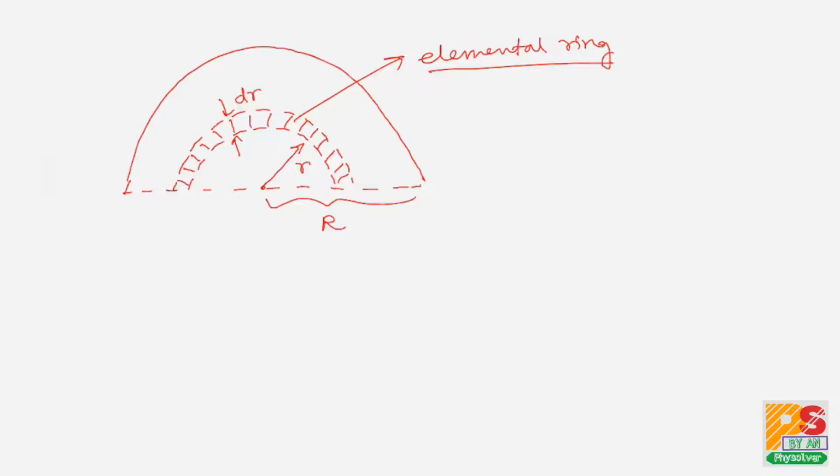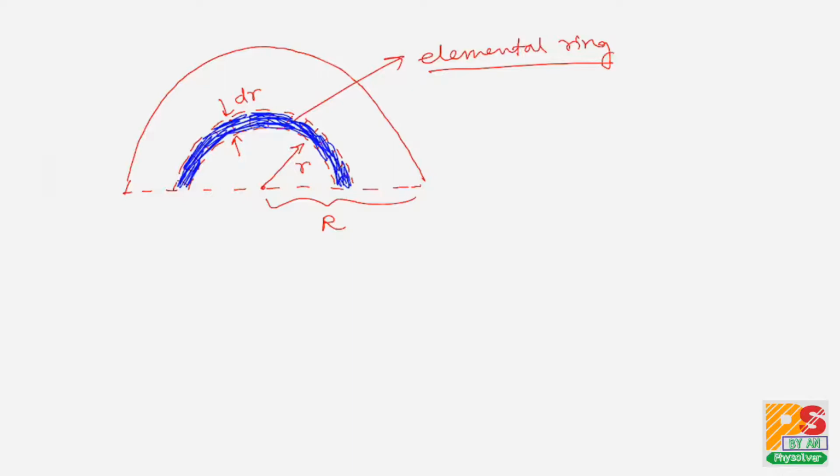Now we have to first find the area of this elemental ring, which I am shading by blue color. You have to find the area of this blue portion.